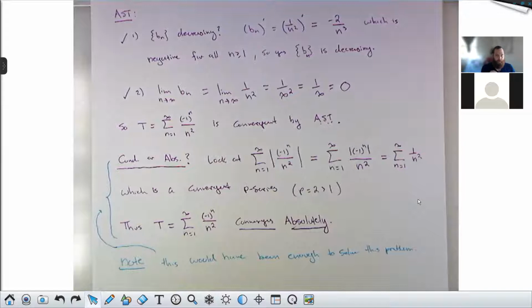If the absolute value version of your series is convergent, then the original series is automatically convergent. So we could have skipped the alternating series test work for this series. Just showing that the series you get by taking absolute values inside is convergent would be enough on its own to tell me that the original series converges absolutely.